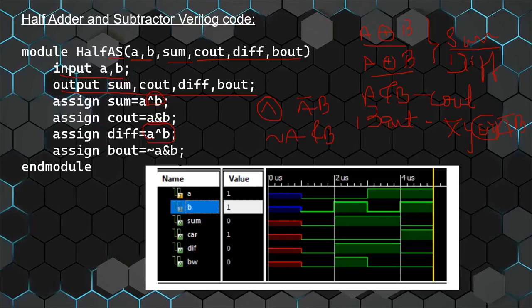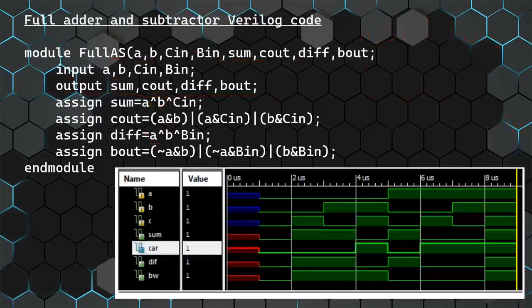Manually we have solved it. When A and B values are 1, we'll be getting sum as 0, carry out as 1, difference as 0, borrow out as 0. Then we shall write it for full adder and subtractor.